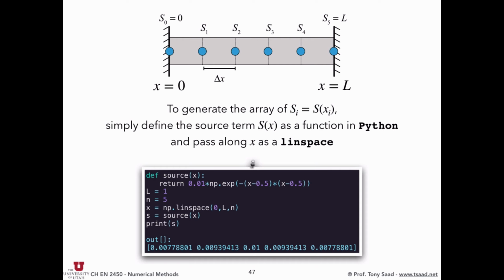Then you define your x's as a linspace: x0, x1, x2, x3, x4, and so on. Then all you have to do is pass this np.linspace array of values to your function. S is equal to source of x. And then you print it, and you get all of the values in one shot.